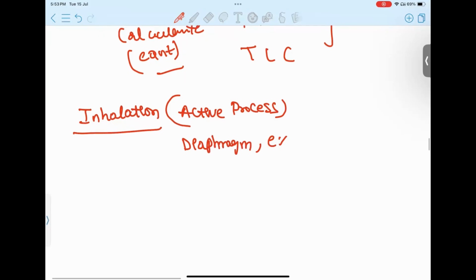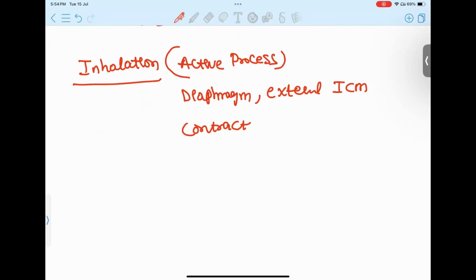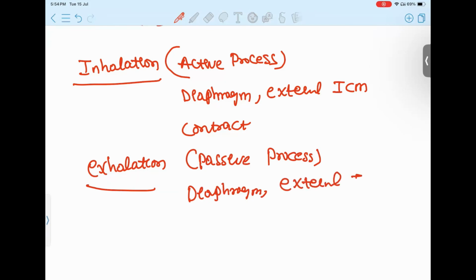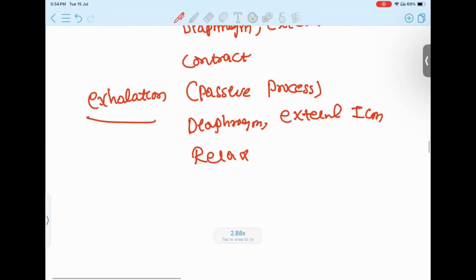Along with that, your external intercostal muscles contract together, which helps the inhalation of air. And what about exhalation? Exhalation is a passive process. In this passive process, both the diaphragm and your external intercostal muscles relax. So this is what happens in inhalation and exhalation.